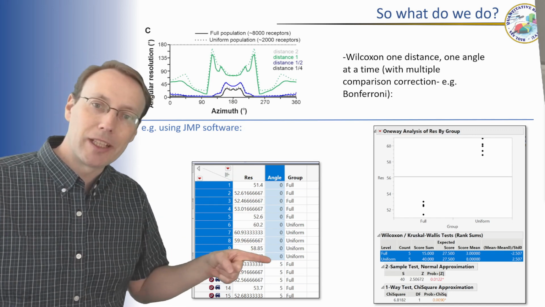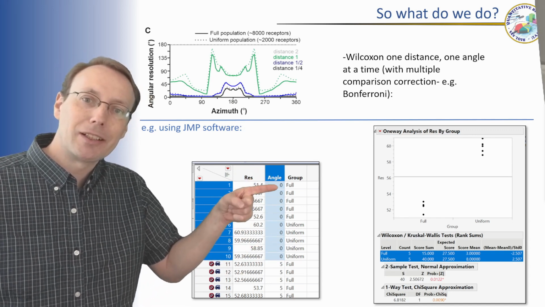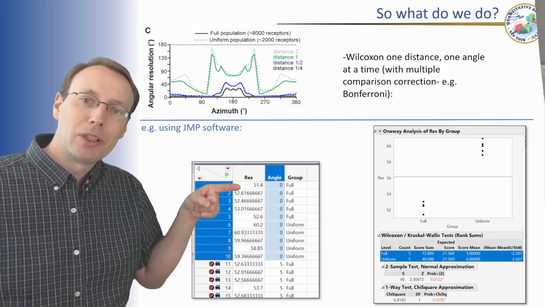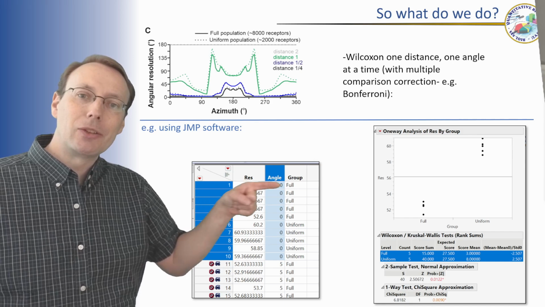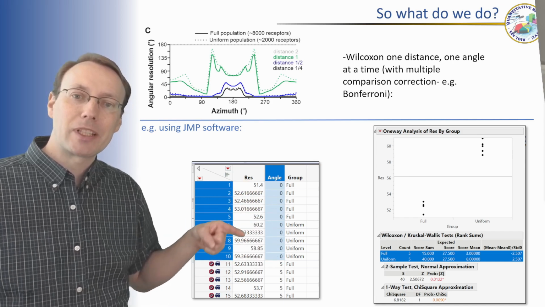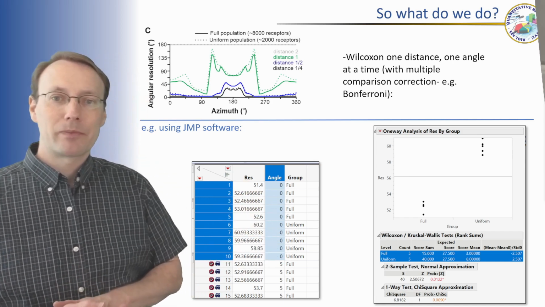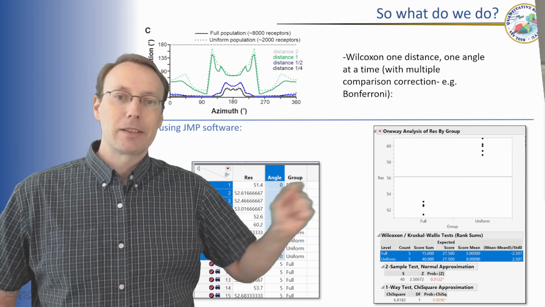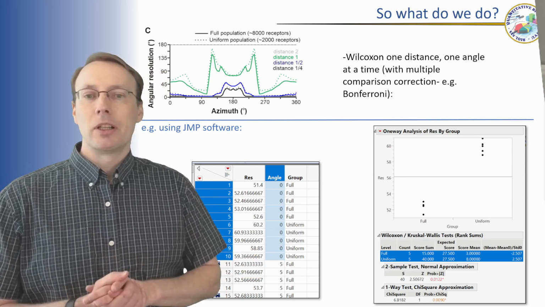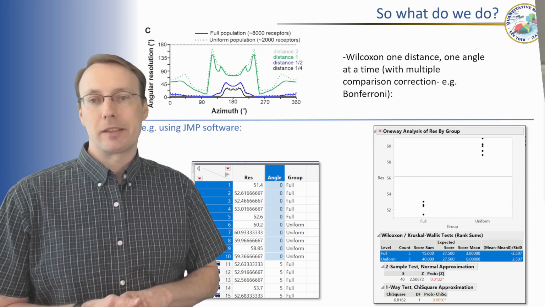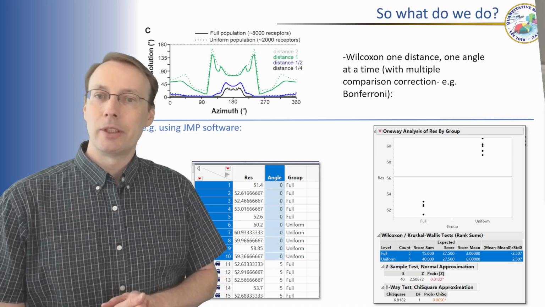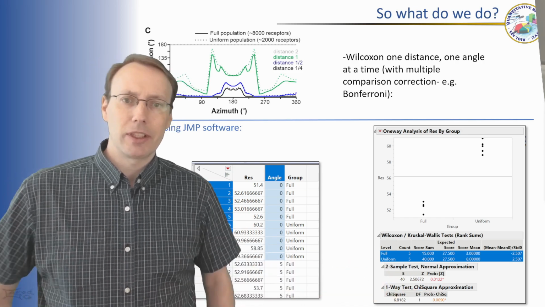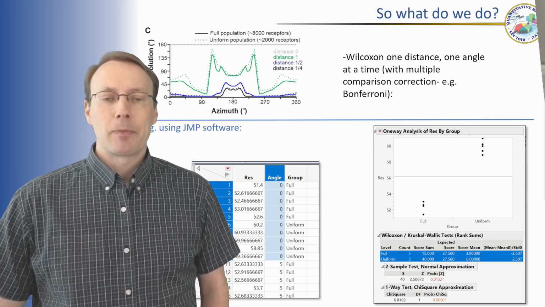So here that would be taking this data set, the group full versus uniform, the resolution here, and using these two sets of data to compare. Here we're comparing in this software. This is a software called JMP that has very flexible and powerful statistical analysis capacities. And you see the result here saying they are different.